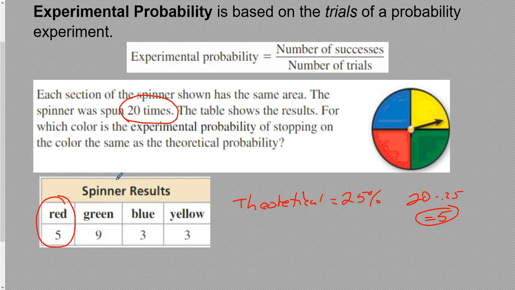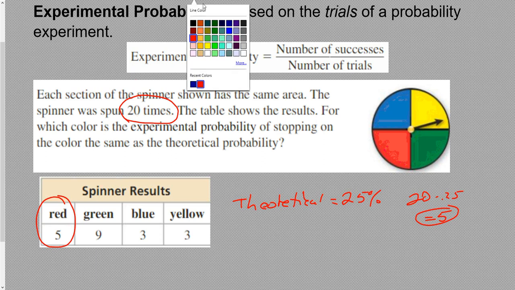It does not mean that red is less likely than green. It just so happened that in 20 trials, which really isn't that many, it happened to land on green more. If we spun this 20,000 times, we would be far closer to our theoretical probability, right? So if you look at the error, we had a 0 error, right?